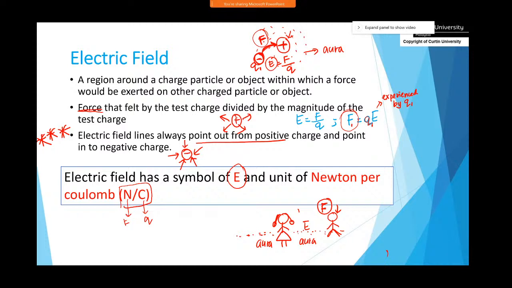Okay, I repeat that. The electric force experienced by this Q1 is equals to the charge in this Q1 times the electric field experienced by this one. Just like the analogy just now.